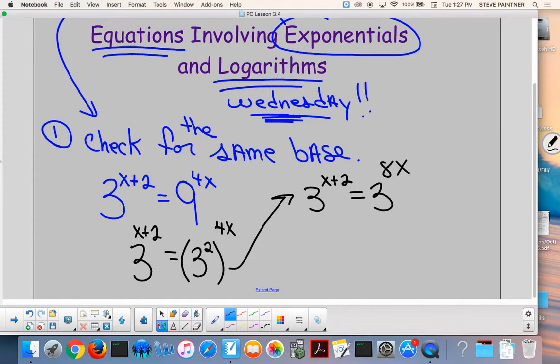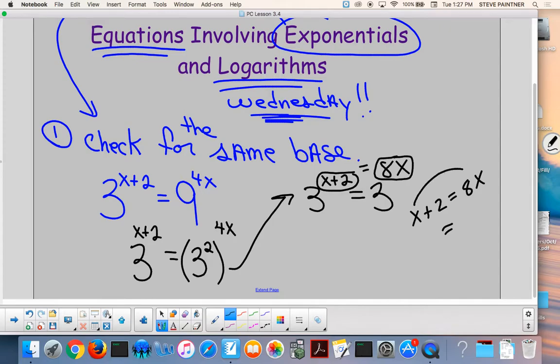Good. There you go. And now this is what you did last week on your quiz. When your bases are the same, they call that the one-to-one property, which means what else has to be the same? Your exponents. So the exponents have to be the same. Come on over here, solve it quick.